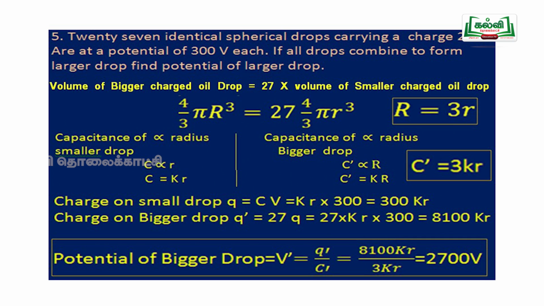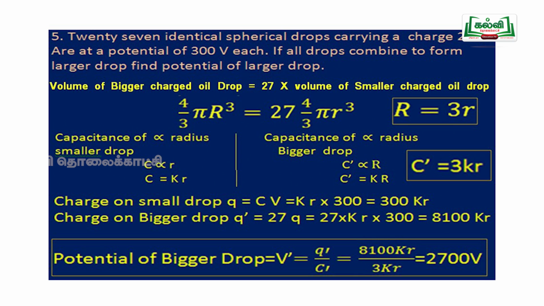Next, we know very well capacitance of an isolated conductor is directly proportional to the radius. So, in this case, its capacitance I will have as C, and its capacitance I will have as C dash. This capacitance is proportional to r, and that capacitance is proportional to capital R. I can write C equal to K into r, and C dash equal to K into capital R. This is another trick, the second trick.